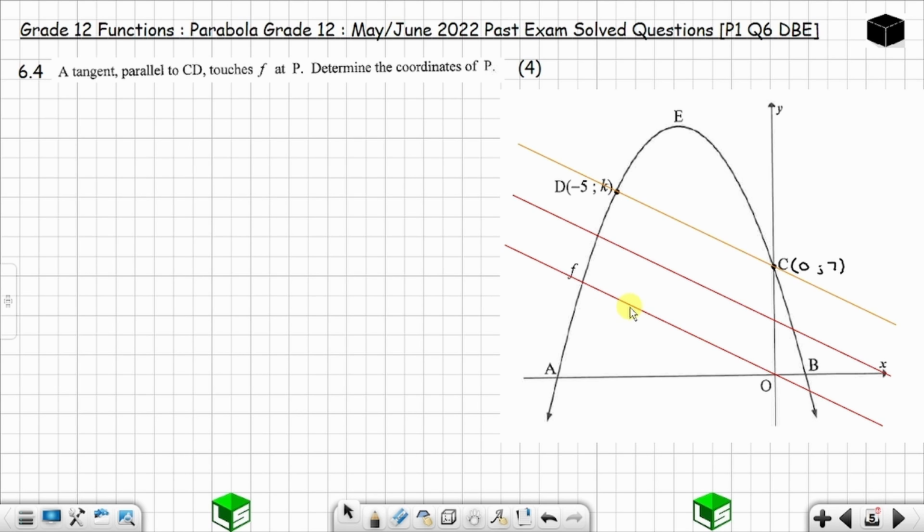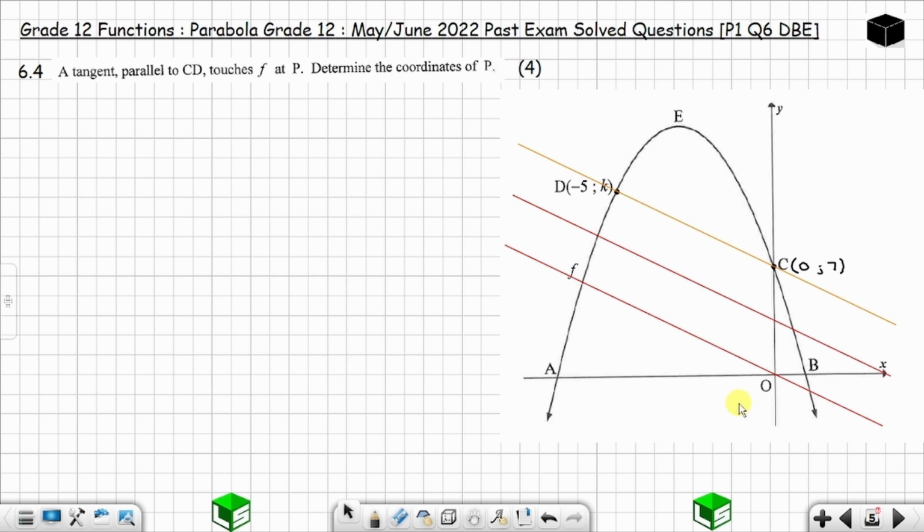Okay, so you can't get a tangent below this line because you can see this parabola still continues. So the tangent cannot be obtained below the line CD, because any line that you can draw below the line CD will always cut the graph of F twice. For a line to be considered a tangent to a curve, that line must touch the curve only at one point.